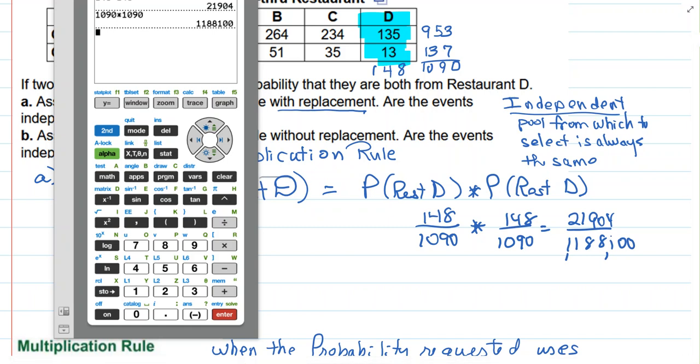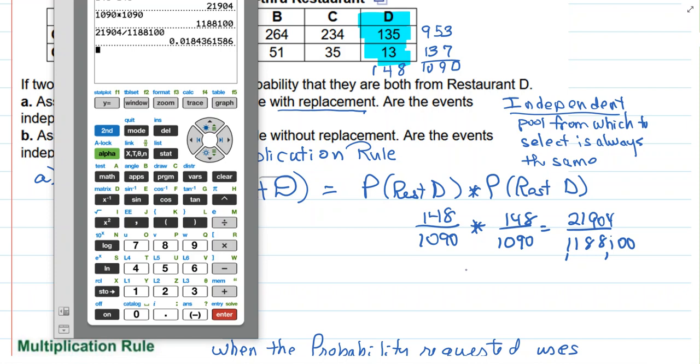So let's see what we can get. 21,904, making sure I didn't mess up. Nope, I didn't. Divided by the 1,188,100. Okay, we're good.